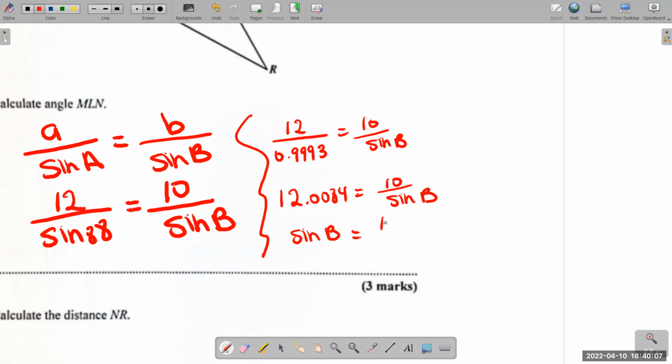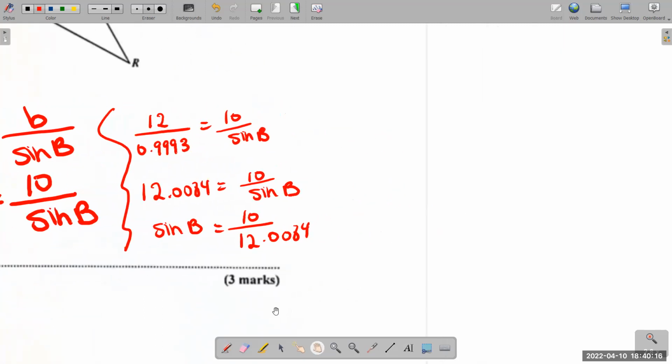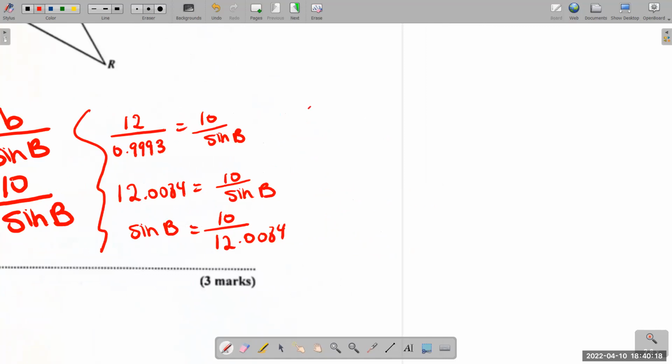So this is going to become 10 over 12.0084. Let's go calculate, people. So sine B is equal to what? 0.8327.